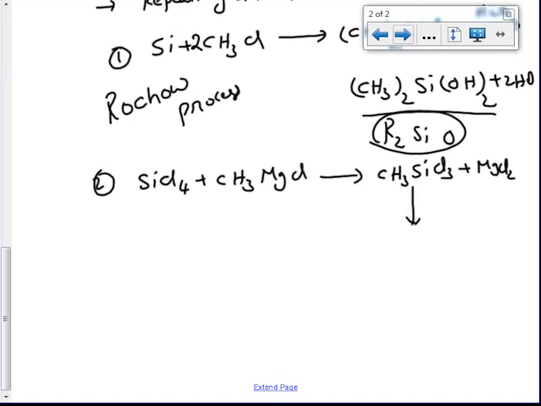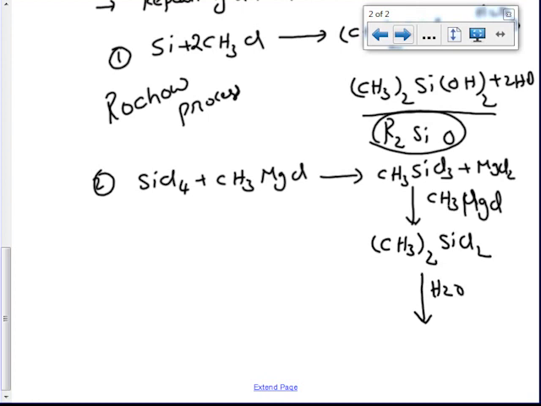On further reaction with 1 more mole of methyl magnesium chloride, it becomes (CH3)2SiCl2. On further hydrolysis, we get (CH3)2Si(OH)2 plus 2 moles of HCl.